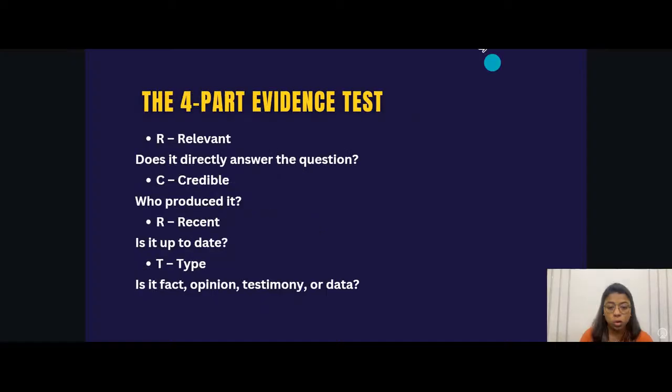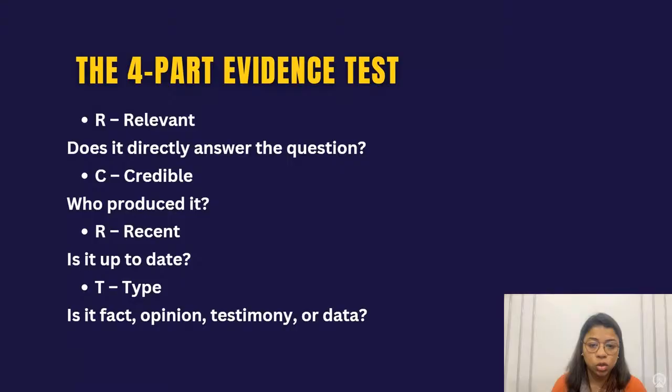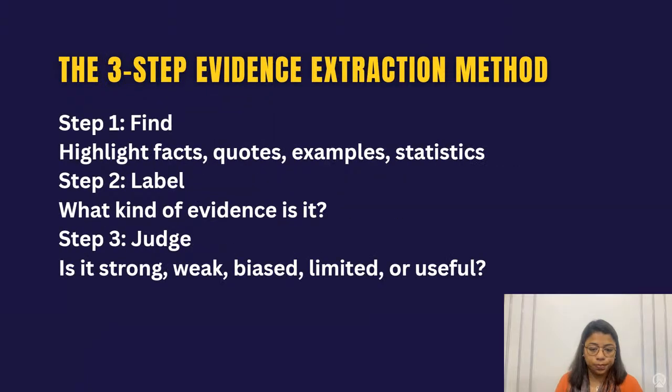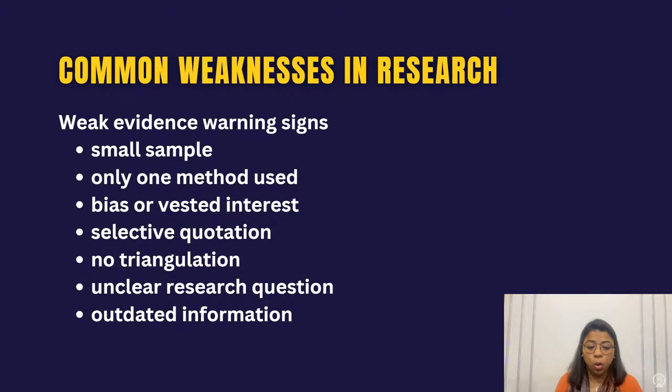Then you will also label it. Okay, judge. Is it strong, weak, biased, limited, or useful? Now, how will you judge it? I have given the common weaknesses over here. You will pick it up from this and then judge.